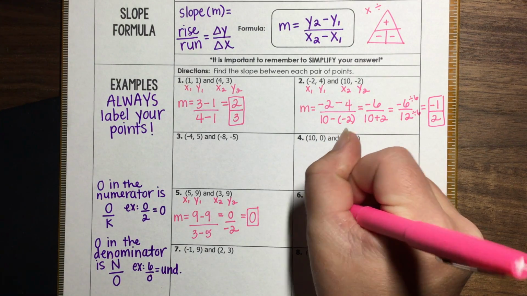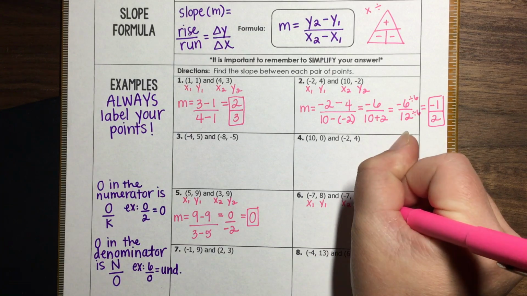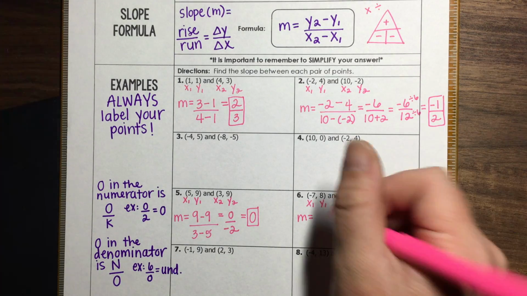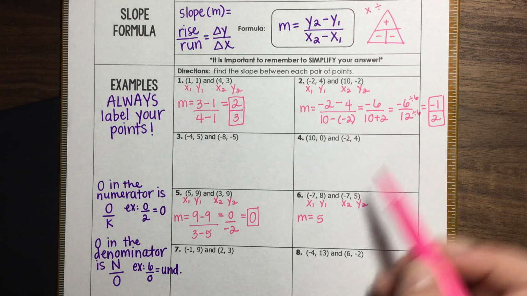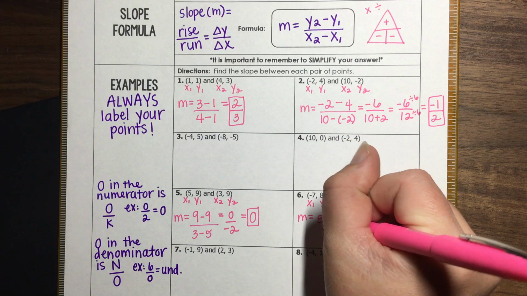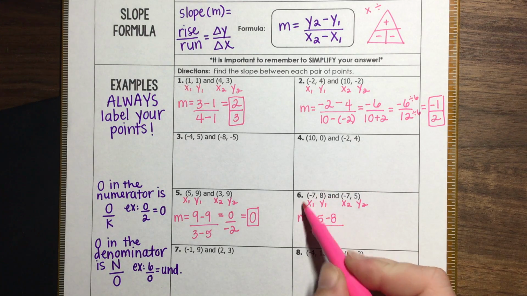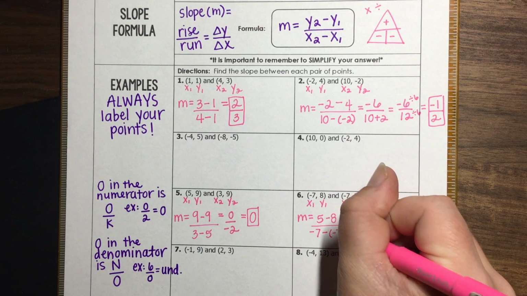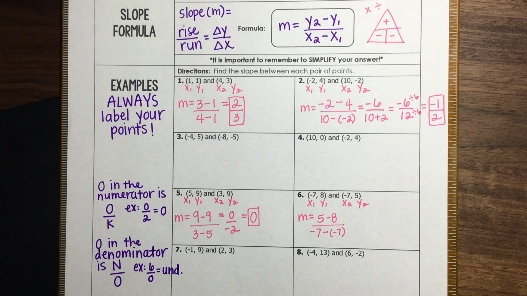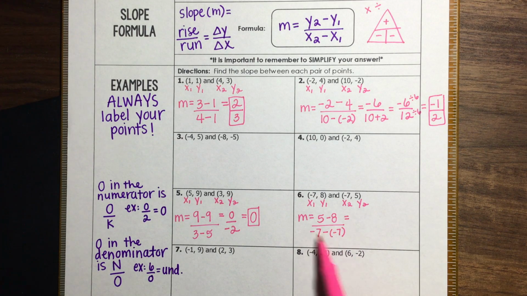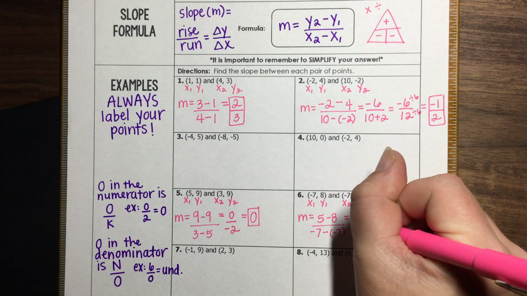All right, number 6. I label x1, y1, x2, y2. I have m equals, I plug in my y2, which is 5, minus y1, which is 8, all over negative 7 minus a negative 7. Remember, we put that in parentheses because we've got to deal with that double negative. So on top, I have 5 minus 8, which is going to give me negative 3.